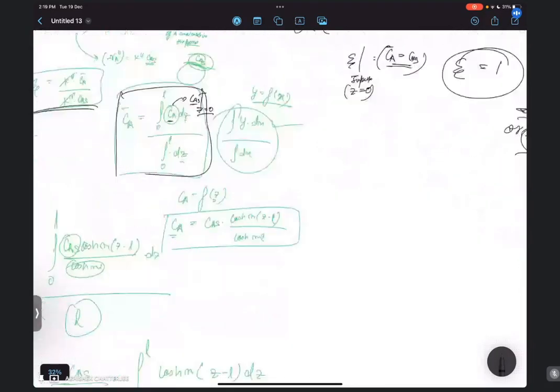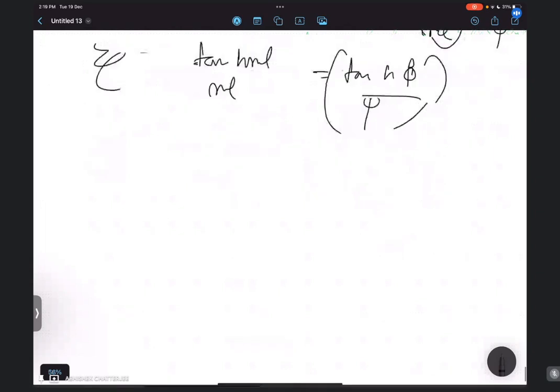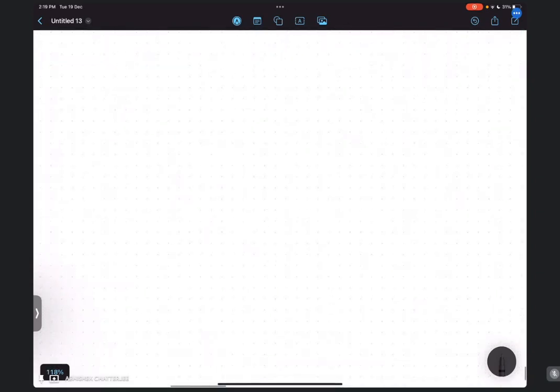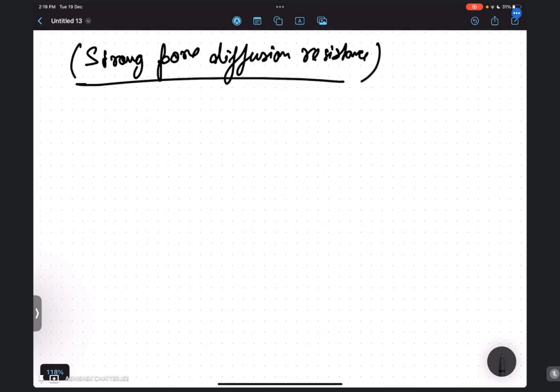Now let us understand one thing. इसके बाद एक और कंसेप्ट आता है पोर डिफ्यूजन में ही, उसको हम लोग क्या कहते हैं कि strong pore diffusion resistance. स्ट्रॉन्ग पोर डिफ्यूजन रेजिस्टेंस मतलब क्या, कि जो डिफ्यूजन रेजिस्टेंस है ये बहुत ज्यादा है। Diffusion resistance means your mass transfer resistance, this is very high.